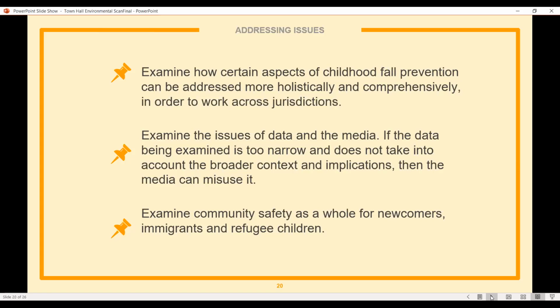And as I mentioned earlier, maybe we need to examine community safety as a whole for newcomer, immigrant, and refugee children. Maybe it requires a different approach, or maybe that approach is needed for everybody, but particularly so with a targeted focus on vulnerable populations.